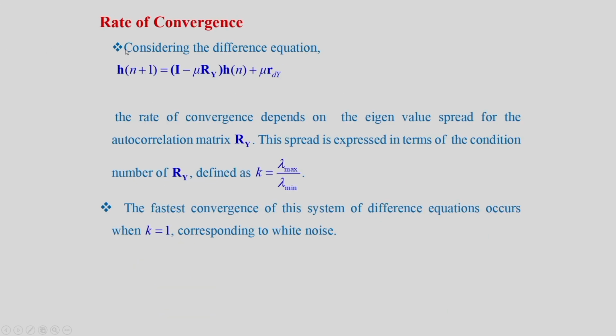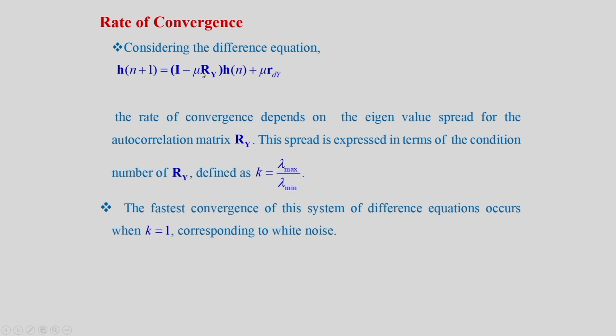Now, let us make a comment about the rate of convergence of the steepest descent algorithm. Considering the difference equation h of n plus 1 is equal to I minus mu ry into Hn plus mu rdy, the rate of convergence depends on the eigenvalue spread of the autocorrelation matrix Ry.